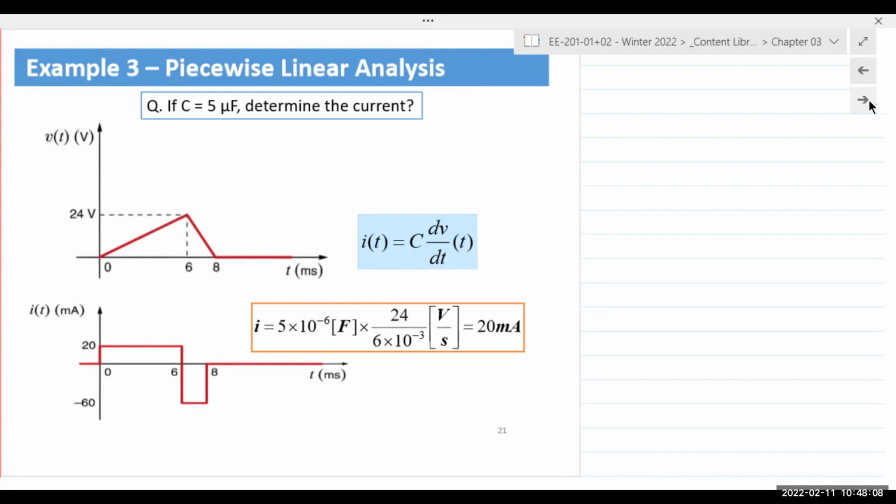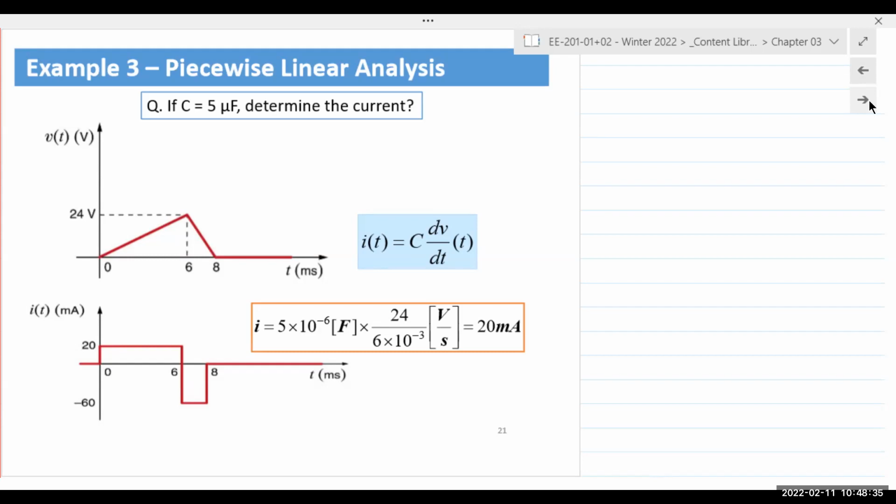Because it has a nonlinear relationship and we need to describe that function in terms of a mathematical equation, we will break up that function into different pieces. The reason we break it up is so that each piece can have a linear relationship with time.